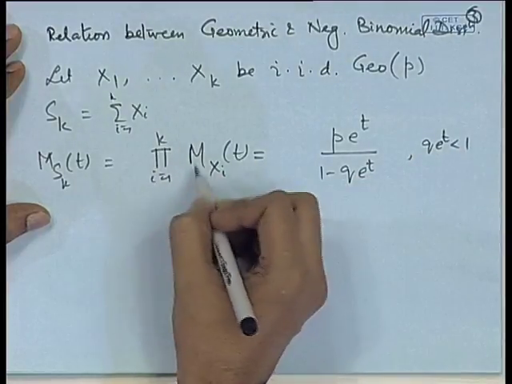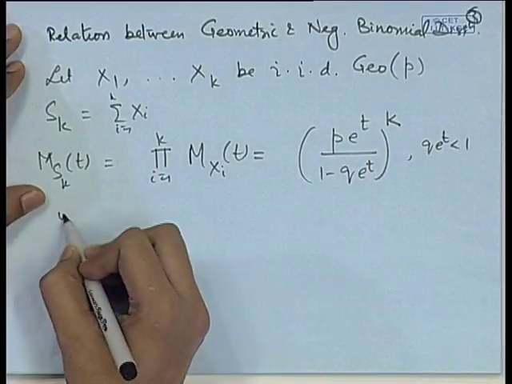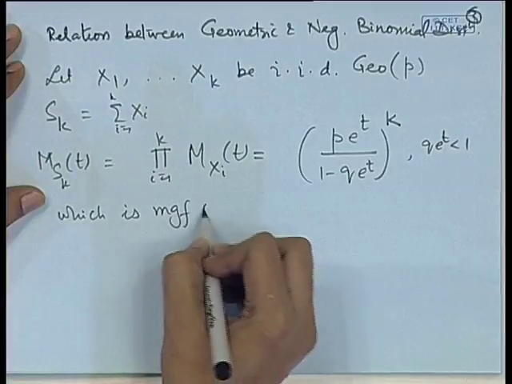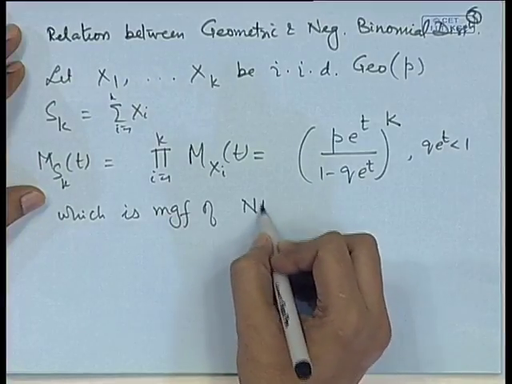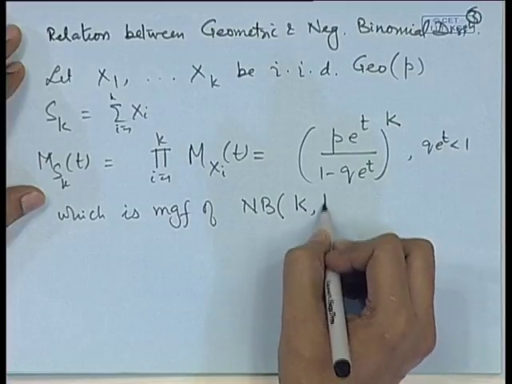When we multiply it k times, this becomes the power k, which is the MGF of a negative binomial distribution with parameters k and p.